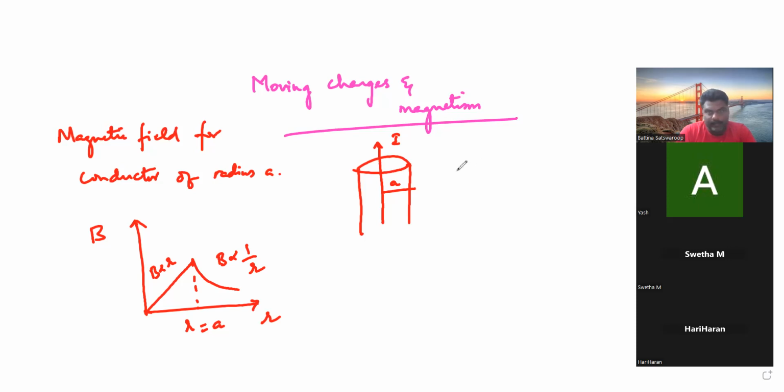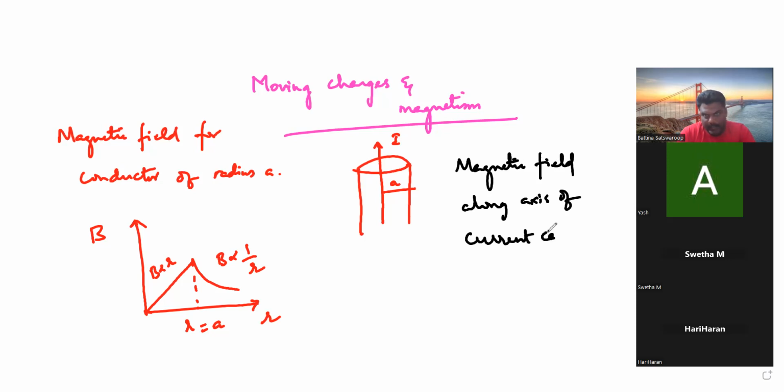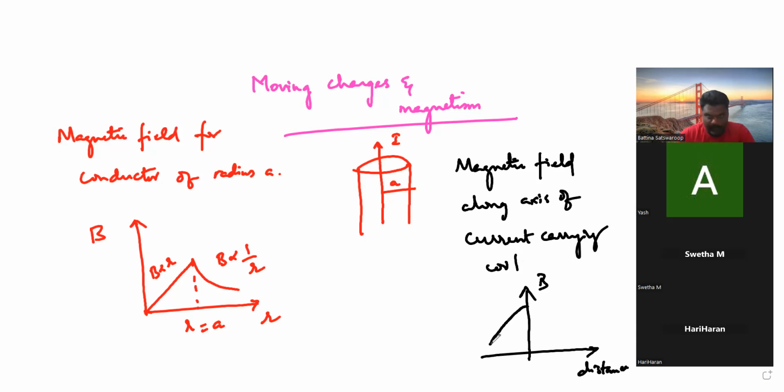Similarly, magnetic field along axis of current carrying coil. For distance and magnetic field, it will be like this.